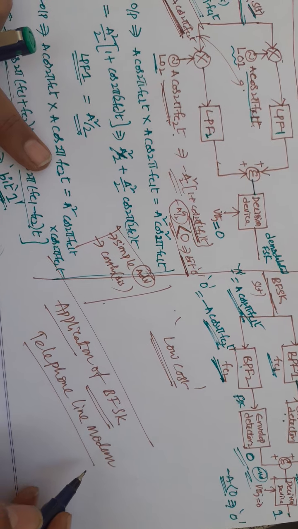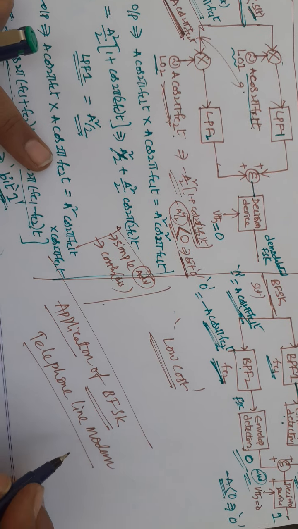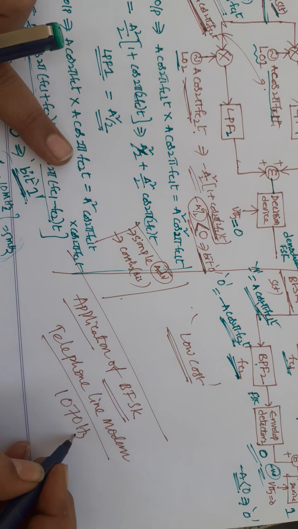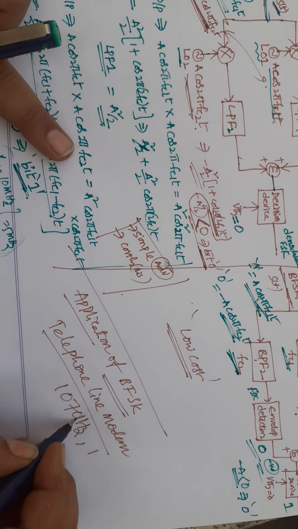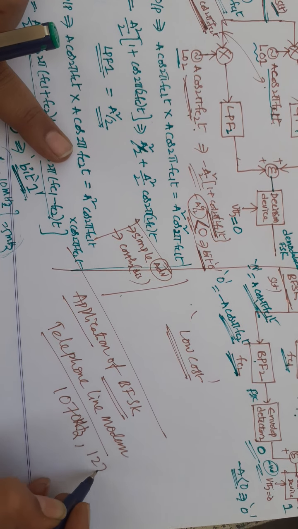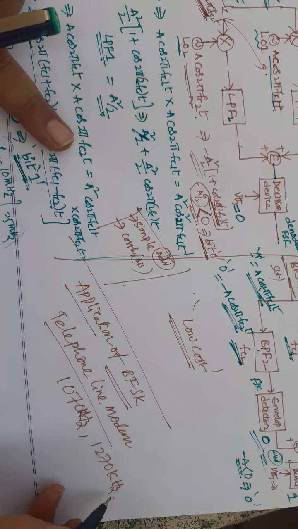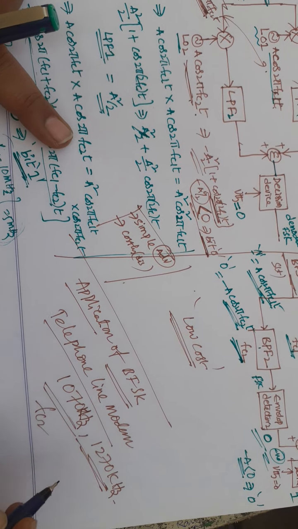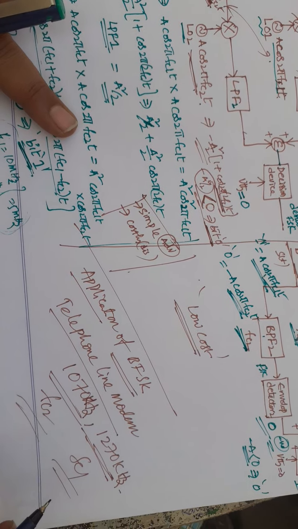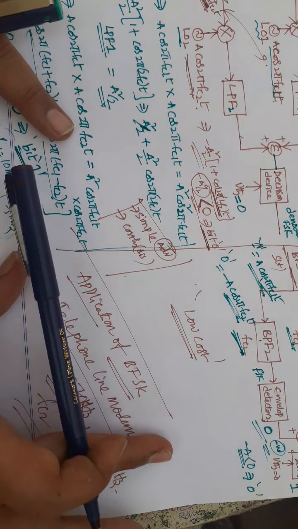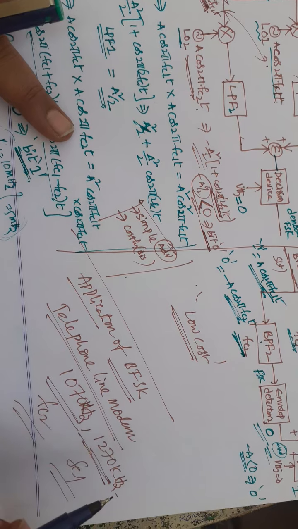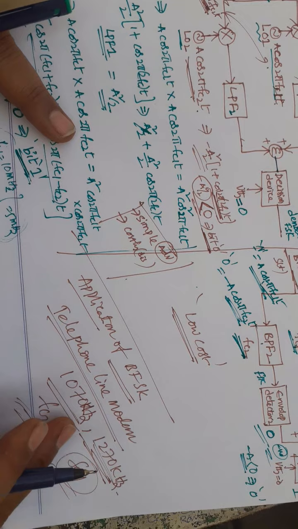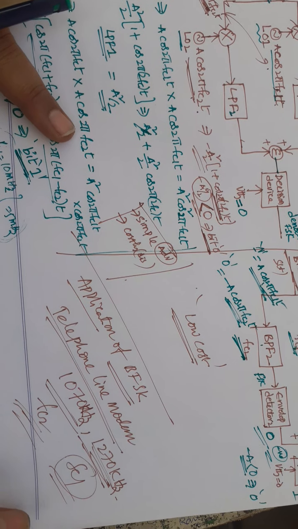Here the two frequencies are 1070 hertz and 1270 hertz. These are the two frequency ranges, this is fc2, this is fc1. So BFSK is used in telephone line modems. The two carrier frequencies are fc1 equal to 1270 and fc2 equal to 1070.